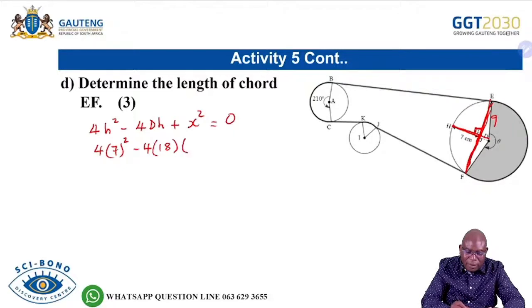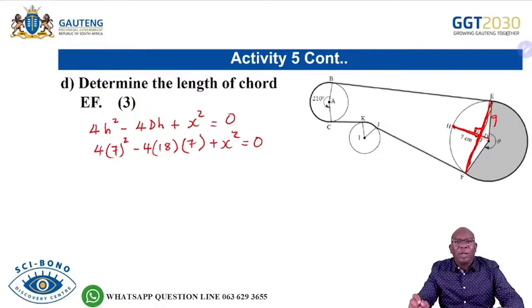I love it. My h is 7 because I know that's my height. Then what I don't have is my length of the chord. You see? So for the use of this formula, we have already calculated h, so you know how to calculate h. Now we need to calculate the x. We are calculating the x.